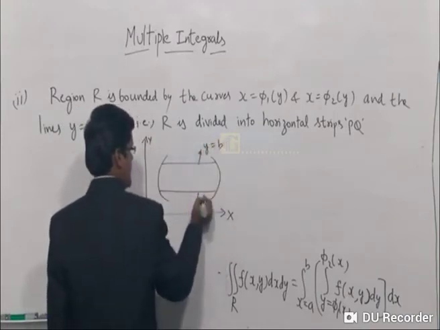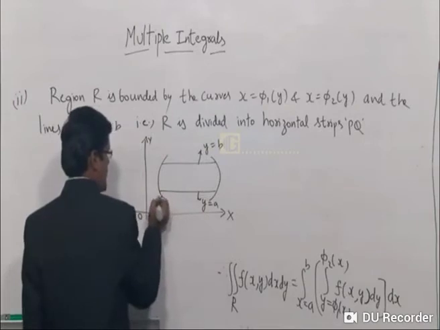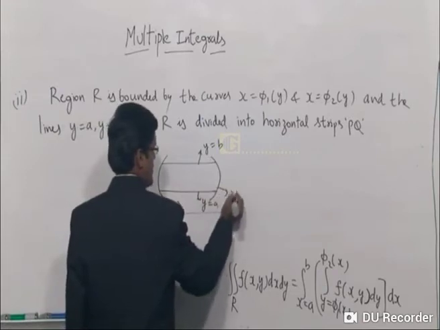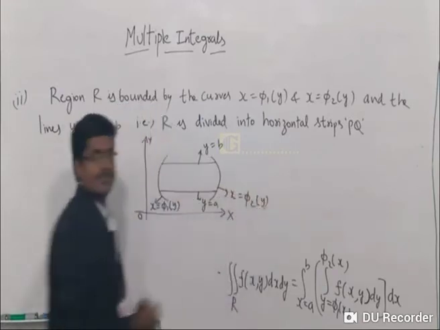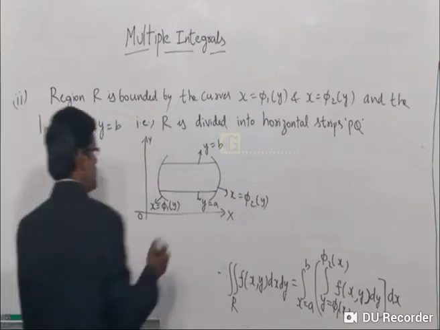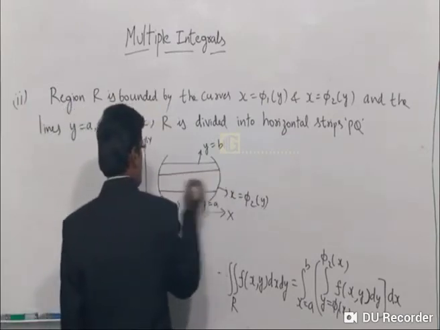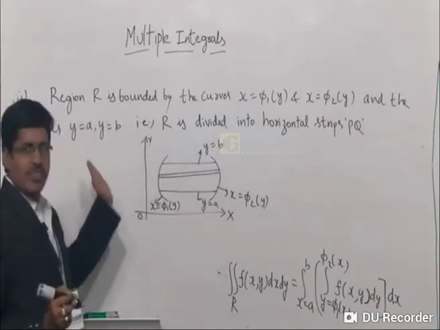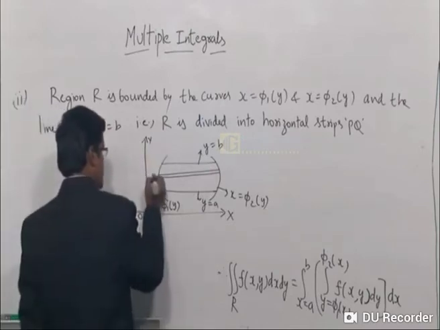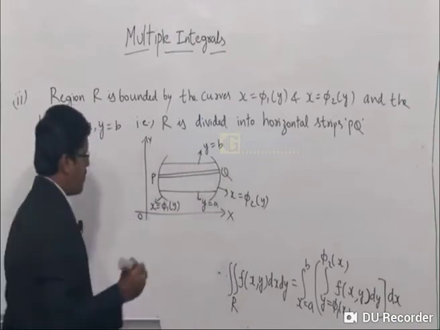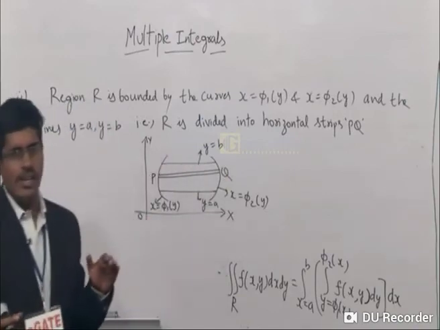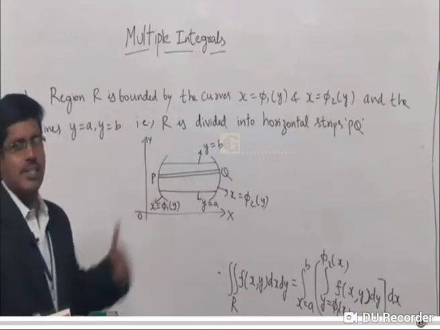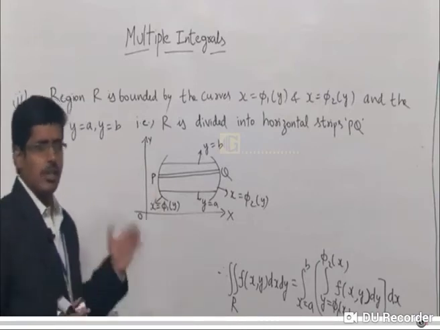So this is y is equal to b, and this is y is equal to a, and this curve is x is equal to phi 1 of y, and this is x is equal to phi 2 of y. Here you can take the strip anywhere: the middle of the region, bottom, top, left or right. With a horizontal strip, in the middle, top or bottom, the limits should not change. Similarly, with a vertical strip, you can take it in the middle of the region, left, right, beginning or end.